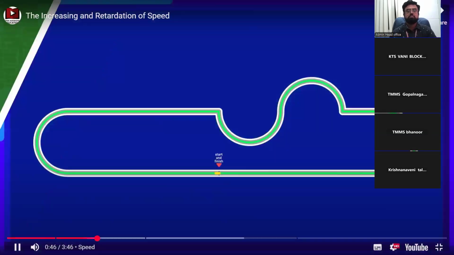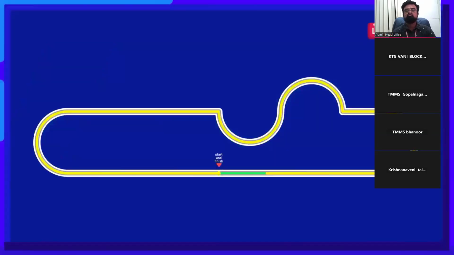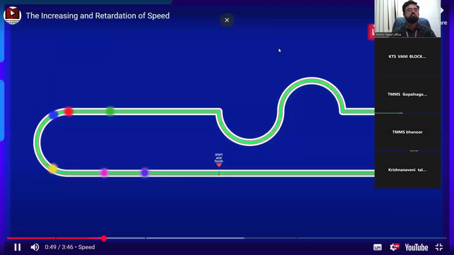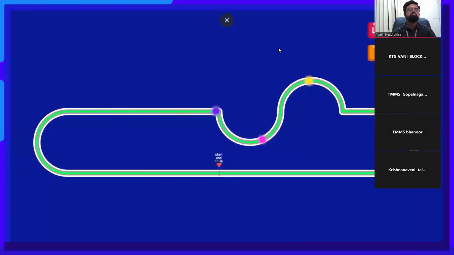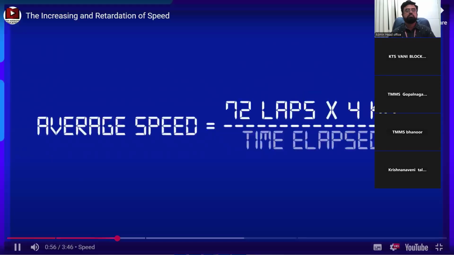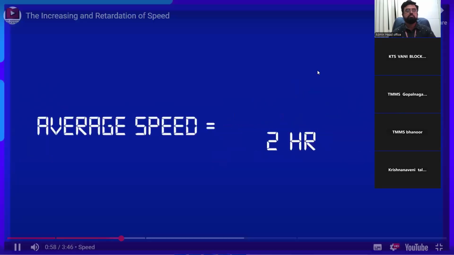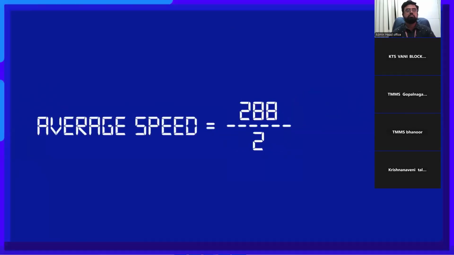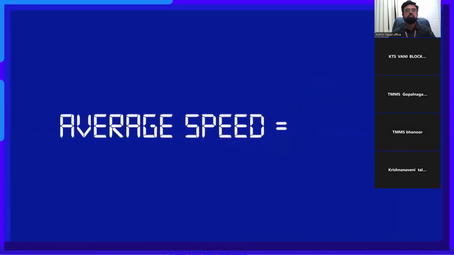For example, a Formula 1 circuit has a length of 4 kilometers, and the cars need to complete 72 laps to finish the race. The winner completes all of them within 2 hours. So the total distance of the car is equal to 288 kilometers, and the winner's average speed is 144 kilometers per hour. Converting the units into SI units, we can determine that its average speed is 40 meters per second.